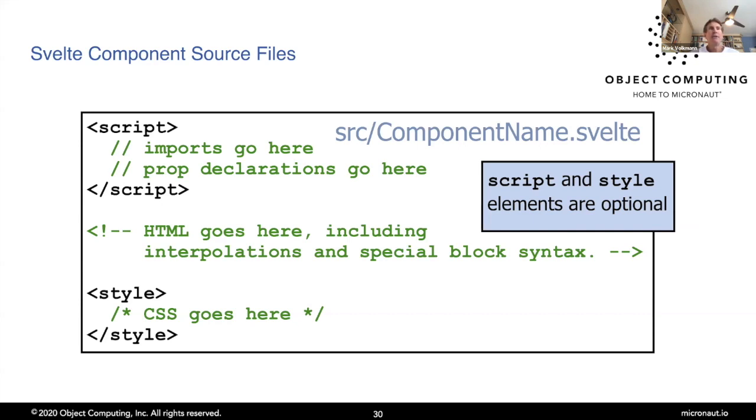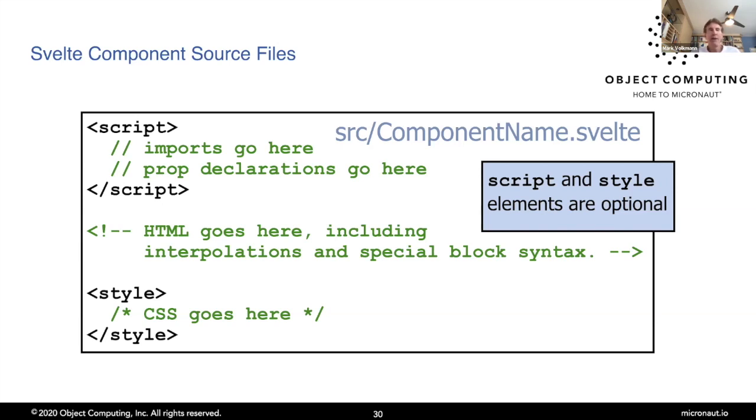So going back up to the top, things that I might do inside the script tag, I might import some other components that this component wants to render. Or I could import some JavaScript functions that I need to use as part of the logic of this component. And I also declare my props here, which are a way that other components that want to use this one can pass data into it. And then down in the style section, recall that I said that the CSS is scoped.